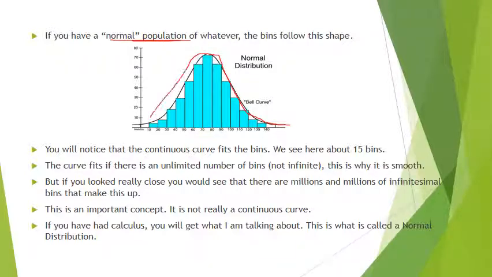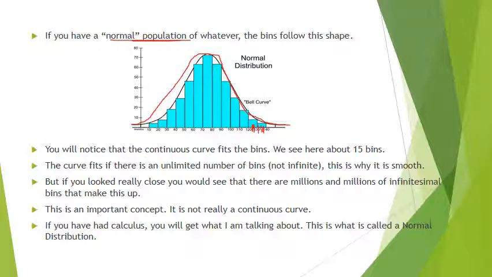that's continuous that fits this. Now, this curve has a calculus formula that comes up with it, and it's a continuous curve. What it says is that all the bins are infinitesimally small, but they're not infinitely small.